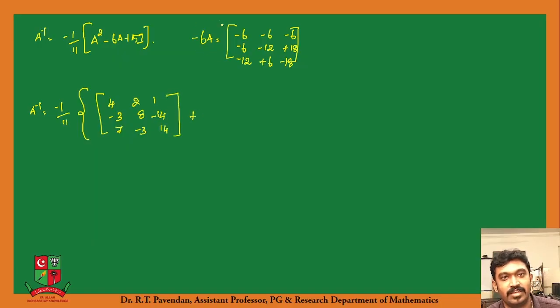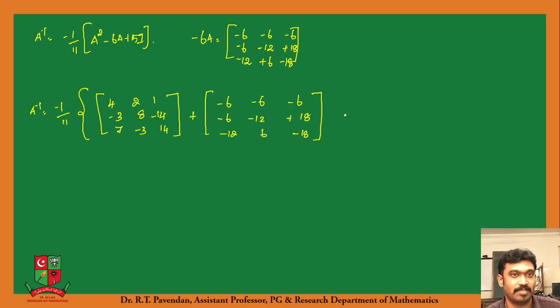Plus, since we have taken negative 6A here, we are going to add this: minus 6, minus 6, minus 6, minus 6, minus 12, plus 18, minus 12, 6, minus 18. That is the minus 6A matrix, plus 5I, that is 5, 0, 0, 0, 5, 0, 0, 0, 5. So this is what is here.